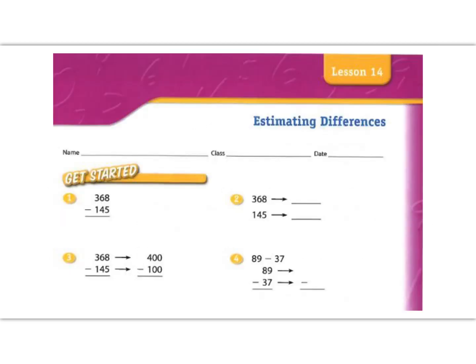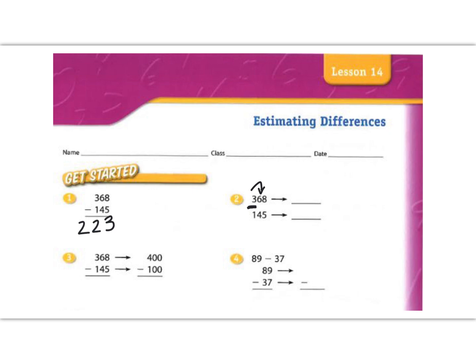If we look here, we can find the exact answer of this number 1, 368 minus 145. So 8 minus 5 is 3, 6 minus 4 is 2, 3 minus 1 is 2. Now, if we look at number 2, we want to estimate about how much, and we're going to round to the nearest 100 because that's the highest place value. So we look at the number behind it, the 6.